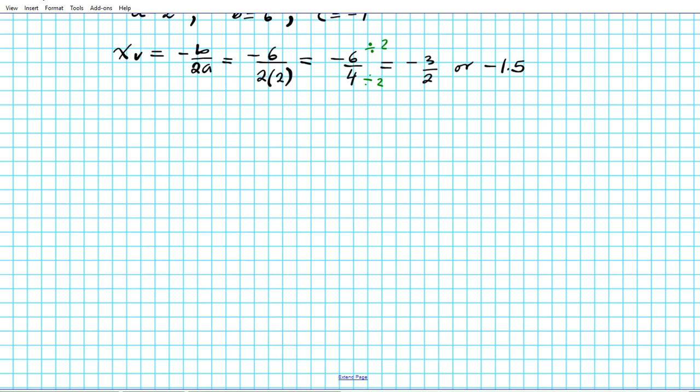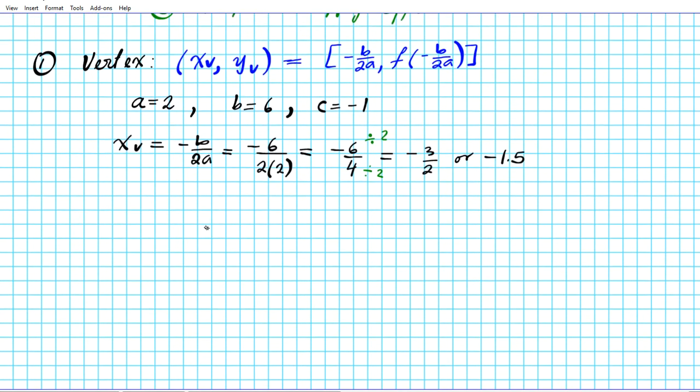Now we're going to proceed to determine the y coordinate of our vertex. The y coordinate of the vertex can be determined by using the formula f of negative b over 2a. Now what does this mean? It means we're going to plug in the negative b over 2a value, negative 3 over 2, into the function. Okay, so we're going to have f of negative 3 over 2 is what we're going to evaluate.